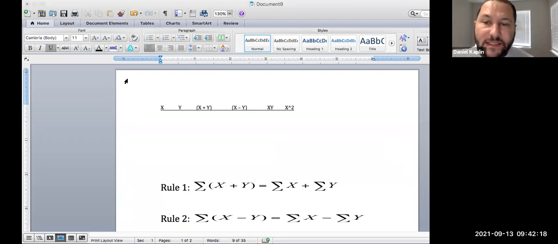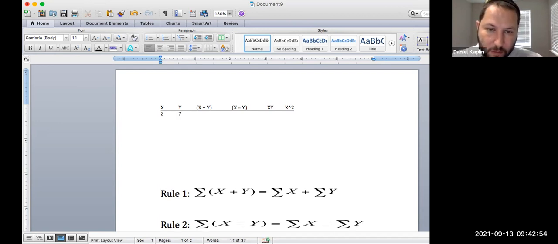Okay, so what I just did was I created a spreadsheet, basically a Word file that I haven't filled in yet. So we're going to do this together. And I'm going to show you how to do what these formulas or rules say. So now, not doing this yet, I'm just going to make up some numbers, right? So we're going to say 2, and Y, we're going to make 7.